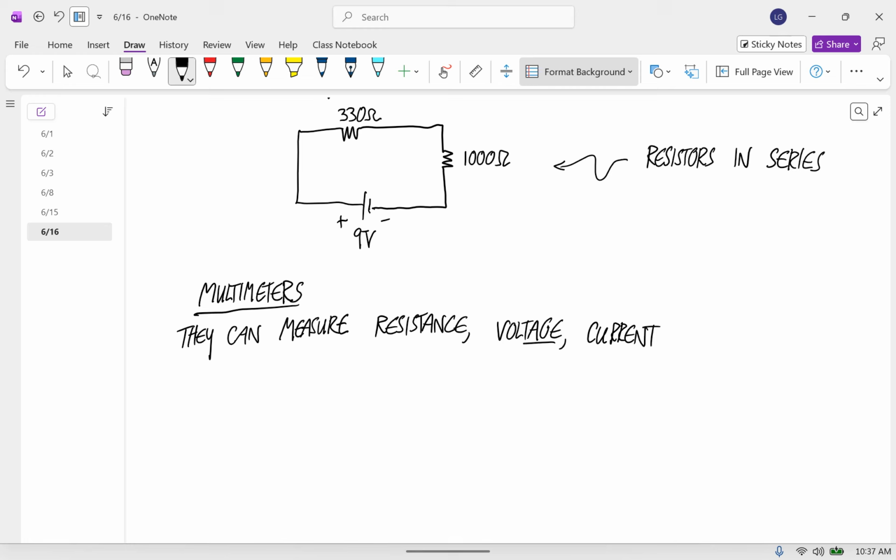And voltage and current are going to be the most important for us because those are the things that determine whether a device functions or not.